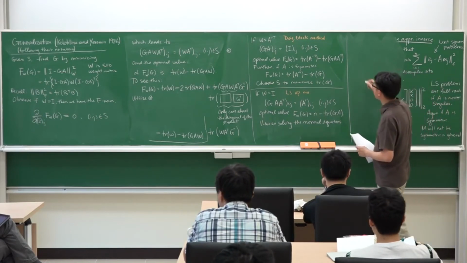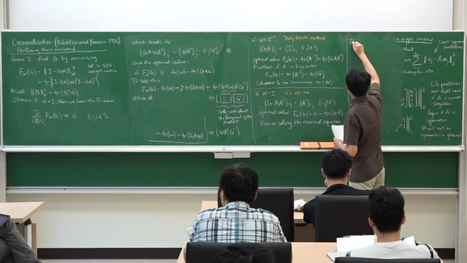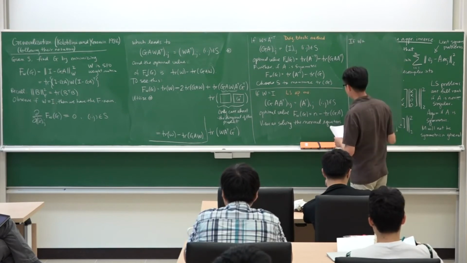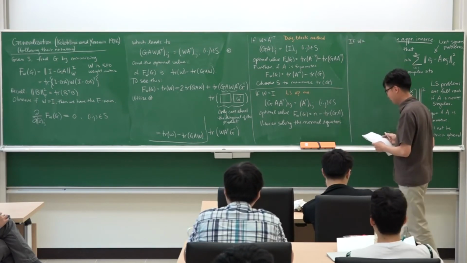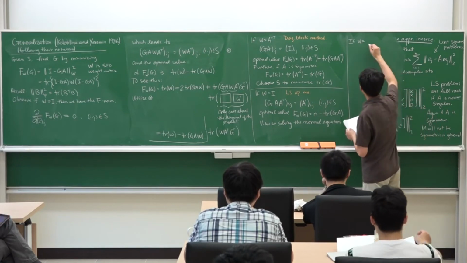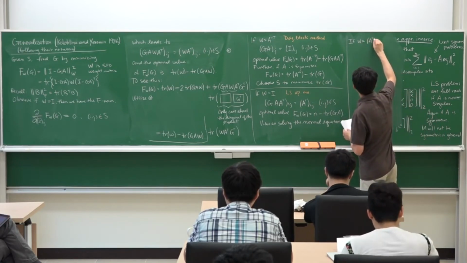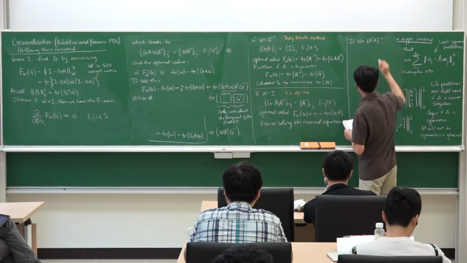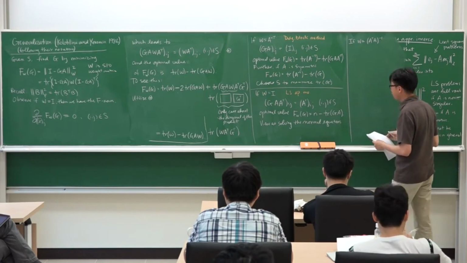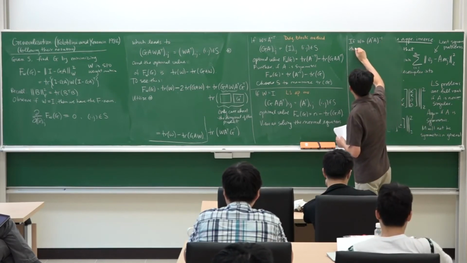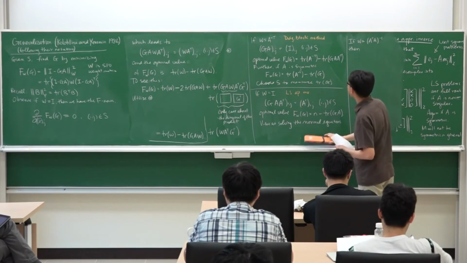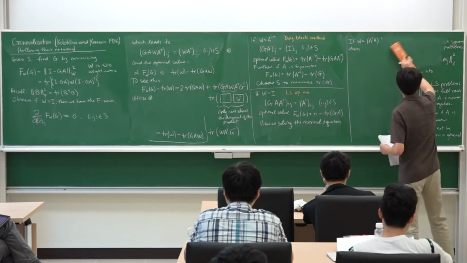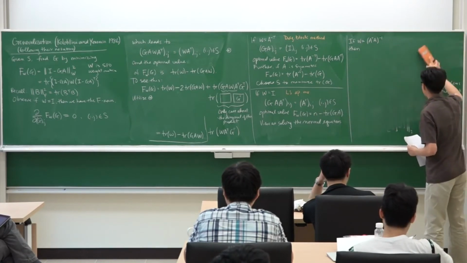So one other choice, if W is equal to, this is maybe a little bit of a weird choice, a very interesting choice though, A transpose A inverse, then substitute that W into the general expression we had before.